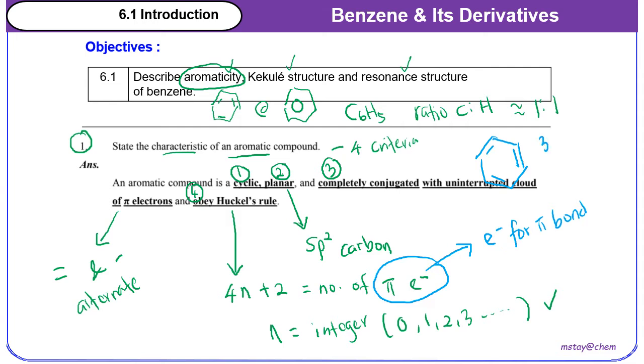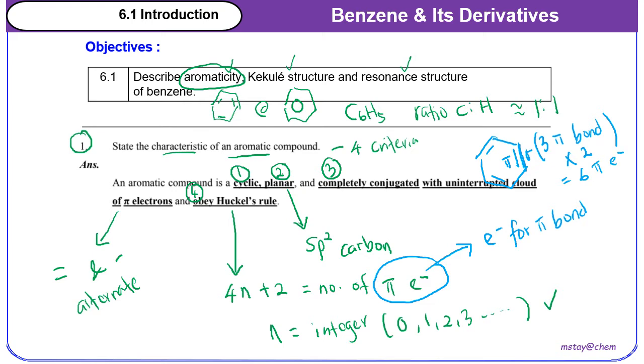Once we have a double bond, the first bond is the sigma bond and the second is the pi bond. So we have 3 pi bonds, and every pi bond has 2 electrons, so it equals 6 pi electrons.